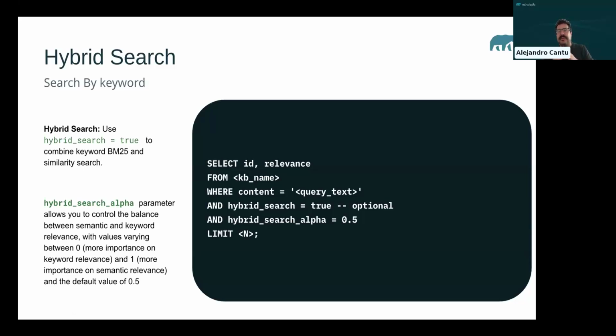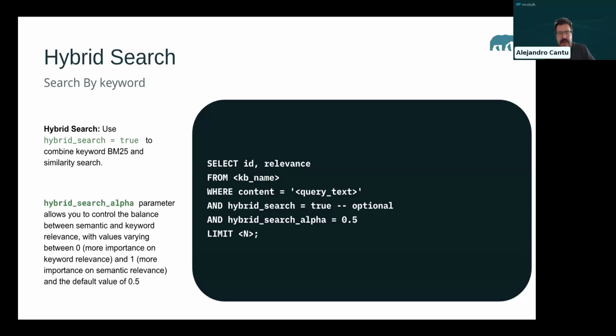which means I want to give the exact same weight to semantic similarity and to keyword-based results. If you go higher, you're saying, I want to find the right combination for my query where I'm a little more semantic and less keyword heavy.